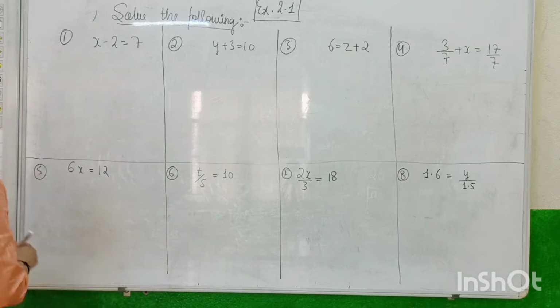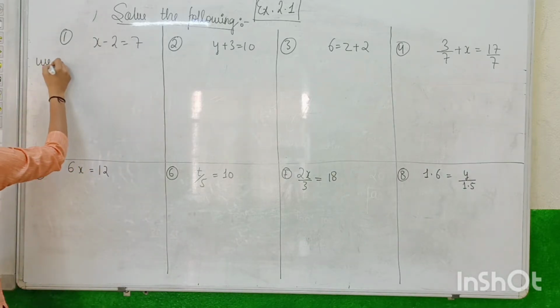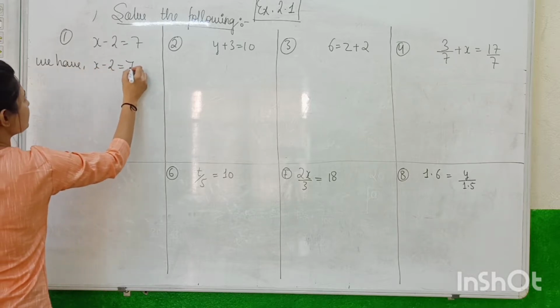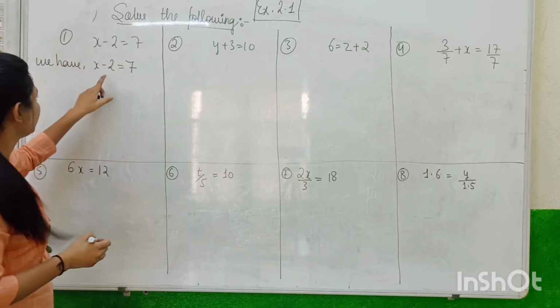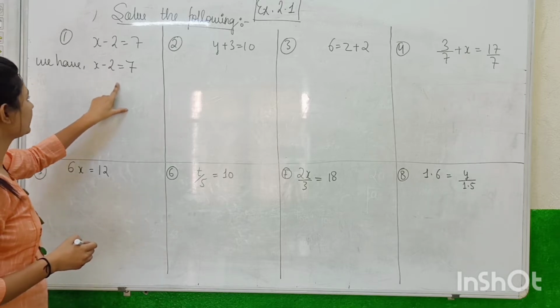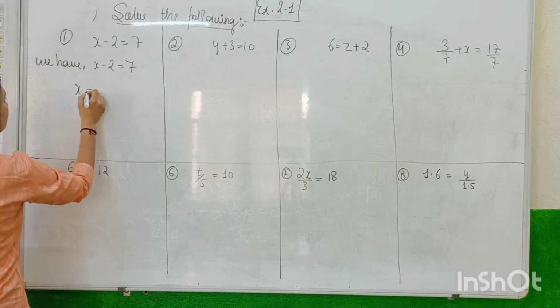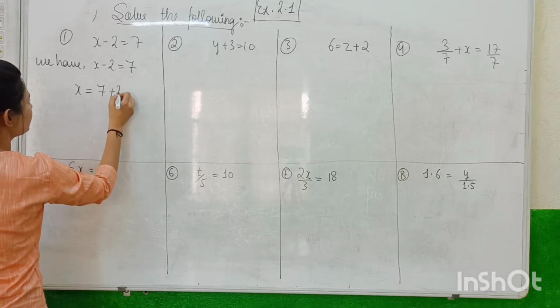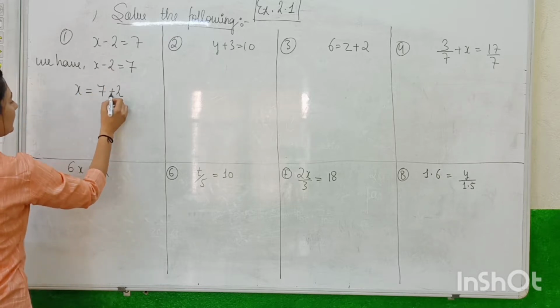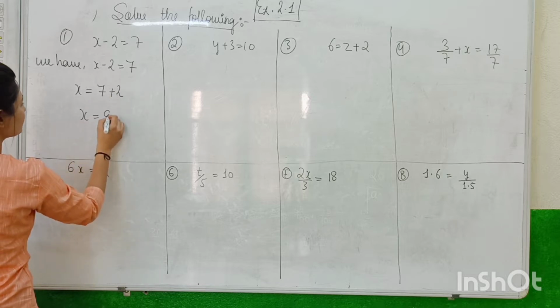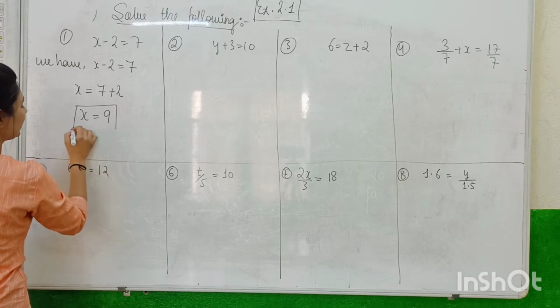Starting with the first one, we have x minus 2 is equals to 7. Now, if we want to take this 2 to the RHS part, this minus will become plus here. So x is equals to 7 plus 2, that is equals to 9.